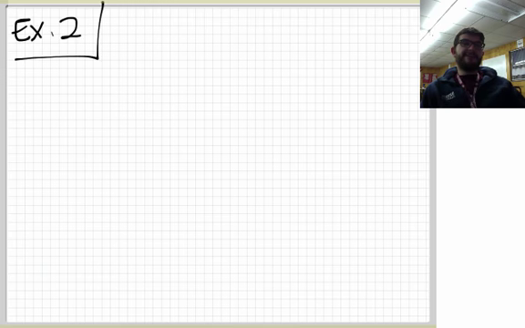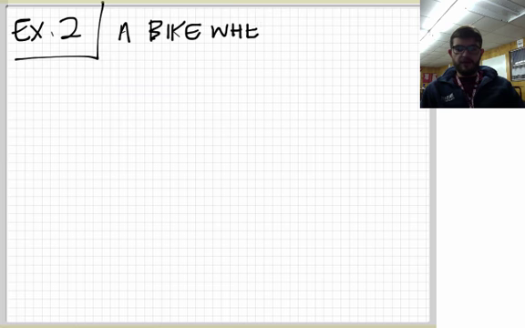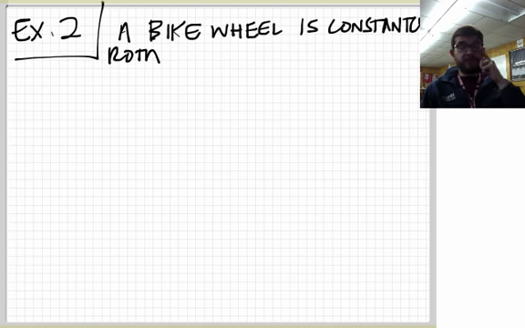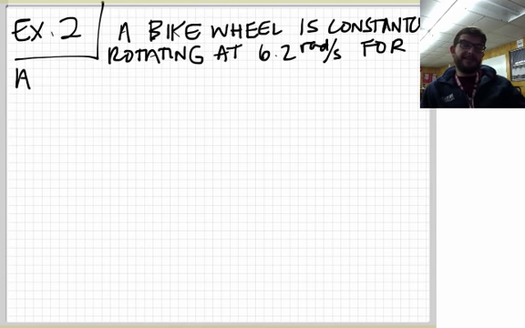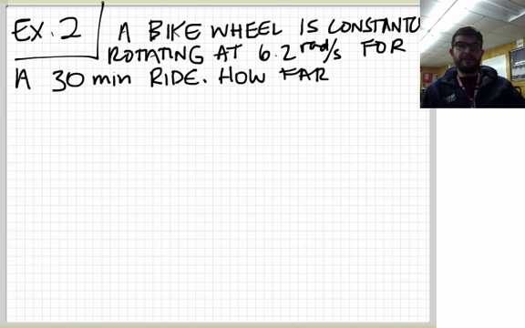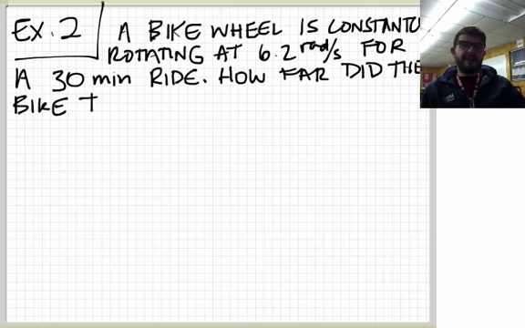Our second example is a little bit trickier, a little bit harder than the first one. Let's say a bike wheel is constantly rotating at 6.2 rads per second for a 30-minute ride. I want to know how far the bike actually traveled.